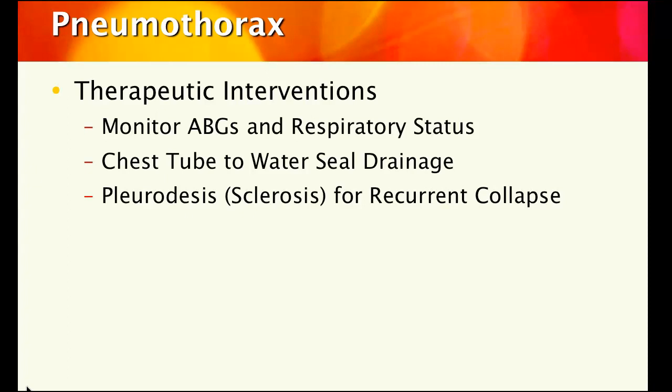A recurring spontaneous pneumo is going to require a thoracotomy. These procedures prevent recurrence by causing the lung to adhere to the parietal pleura. A traumatic or tension pneumothorax is going to require a chest tube drainage system. And then a traumatic pneumothorax may also require surgical repair because we're dealing with cardiovascular issues as well.